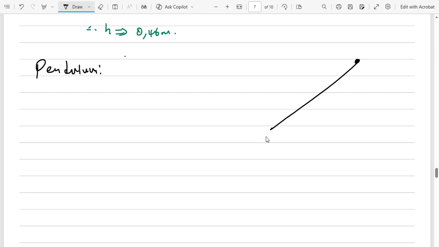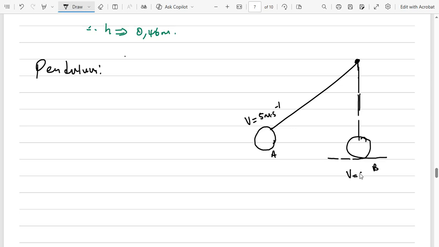The ball will start at point A, where the velocity is 5 meters per second, and then it will swing to the point where it will be on the ground, where the final velocity is 8 meters per second.